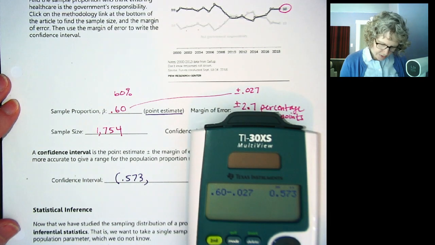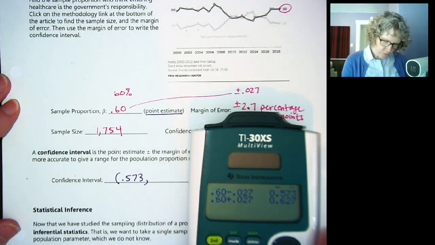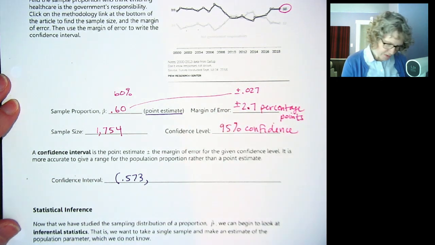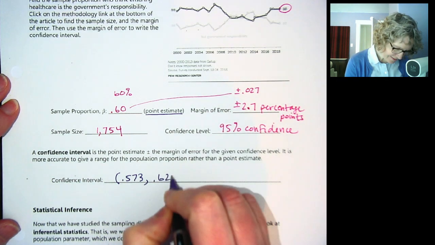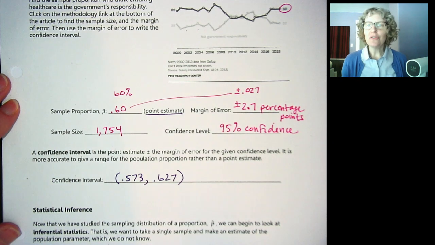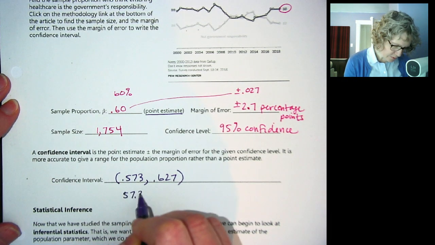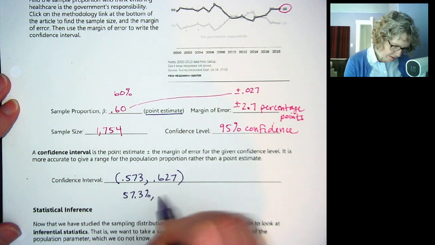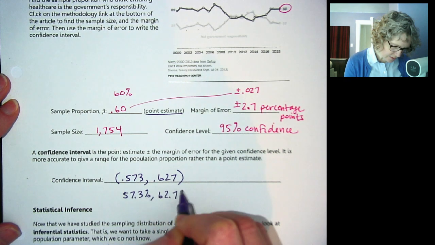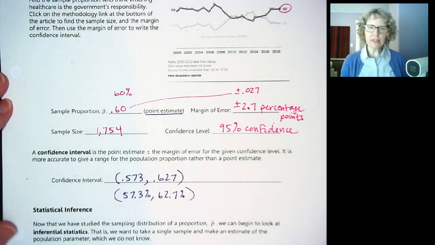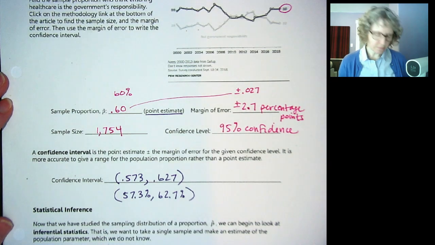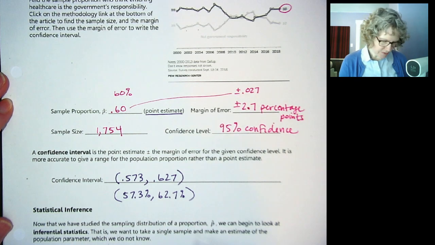So now I'll put 0.60 plus 0.027, which is 0.627. We could also write it in percentage form. So we could write 57.3% to 62.7%. Either one of those would be fine. Probably if it was in an article on the website, it would be in percentage form.